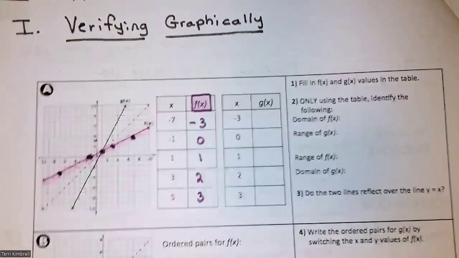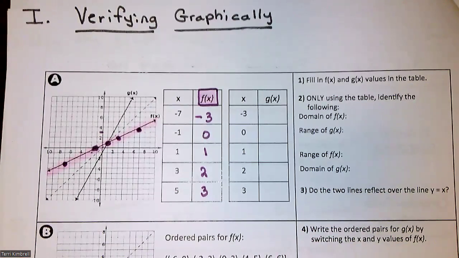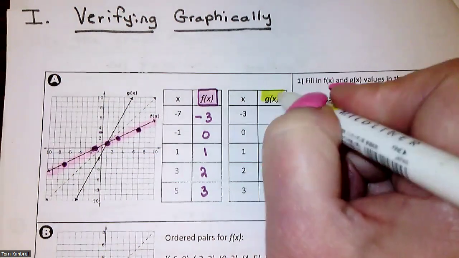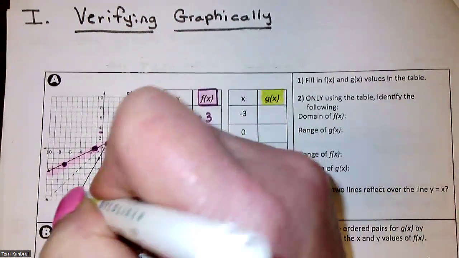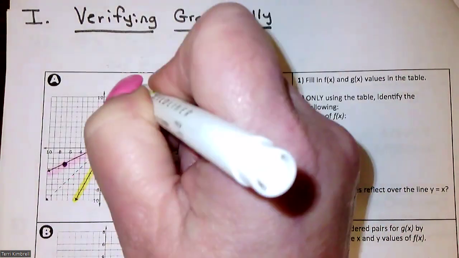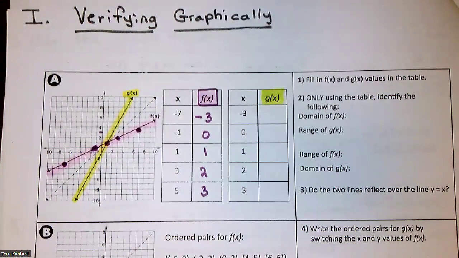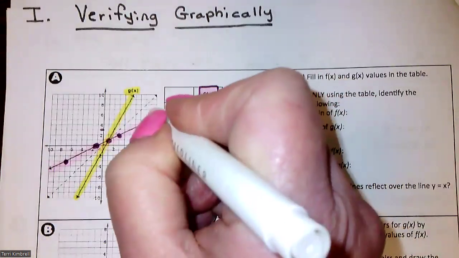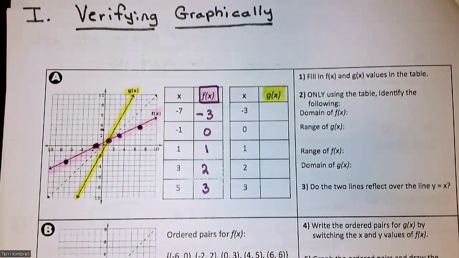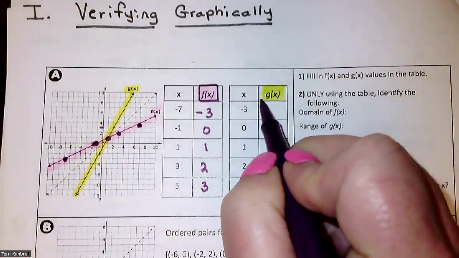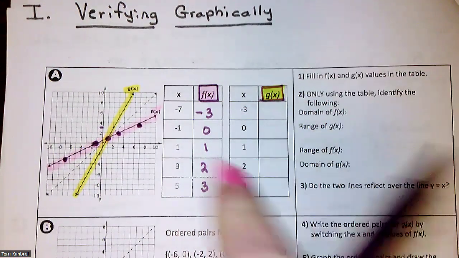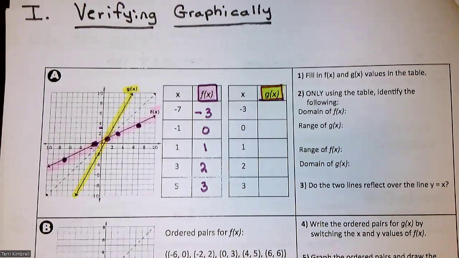Okay, so now to get the opposite, which would be the inverse, that would be your g of x, which would be this line. If you are to flip-flop those, then those two lines are going to be inverses.